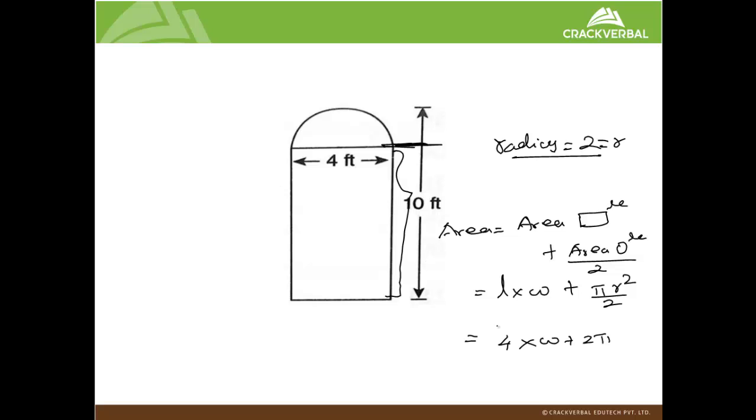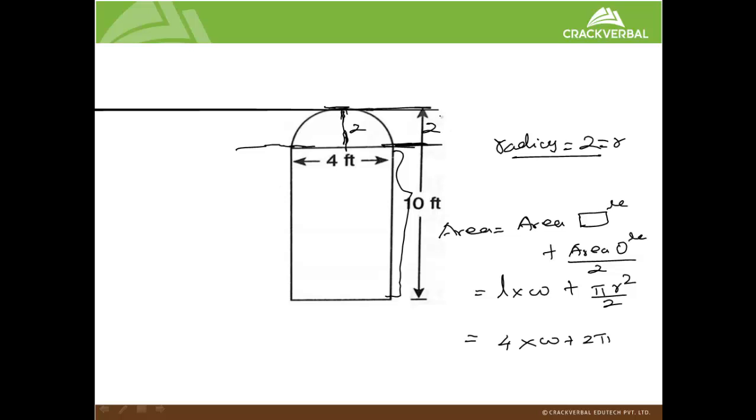But if you look at it, what's the process? This is 10 feet and this is 4 feet, and we know that the diameter is 4, which means the radius has to be 2. Let me draw a line parallel to this diameter. Any line from the center of the circle to the circumference is the radius, so this length becomes 2.